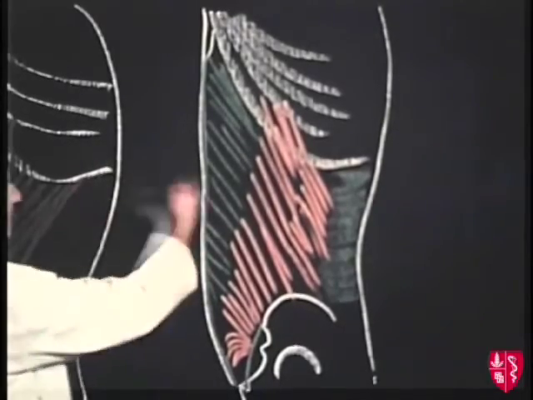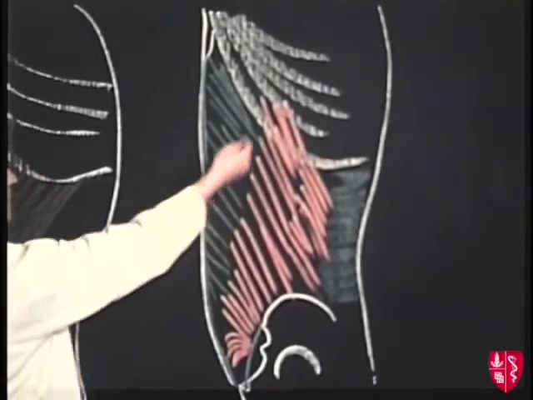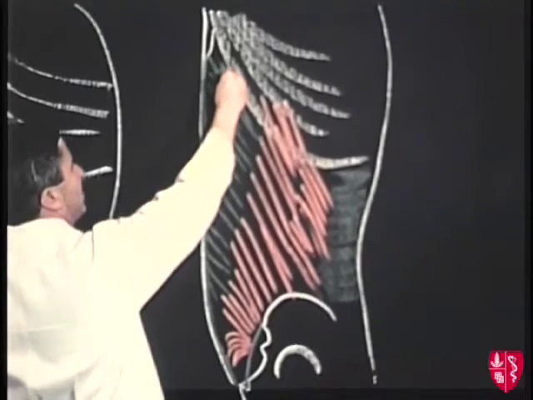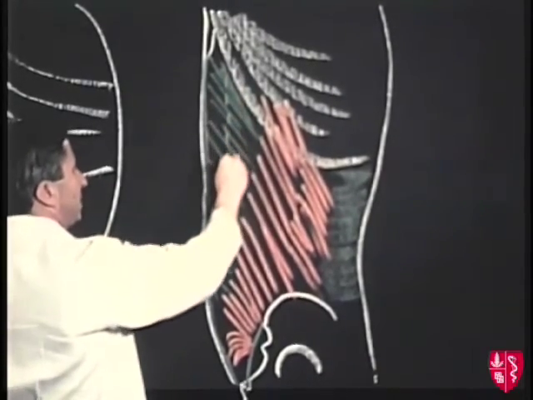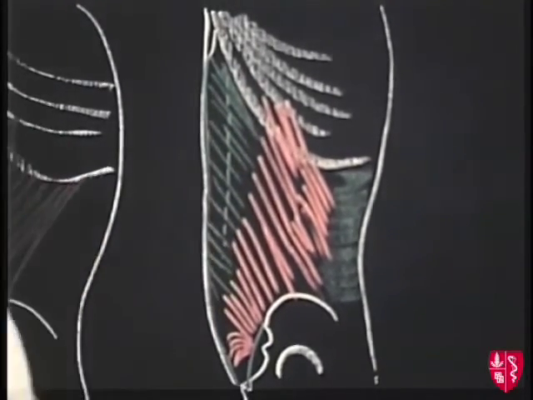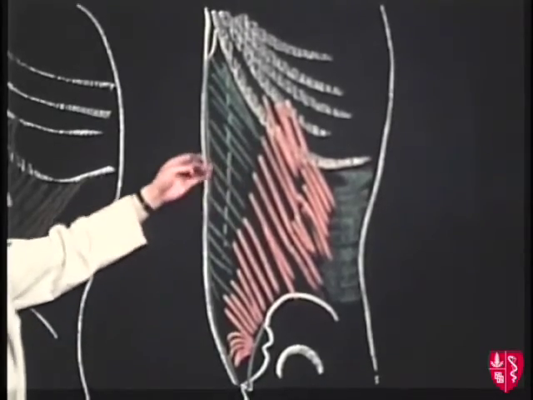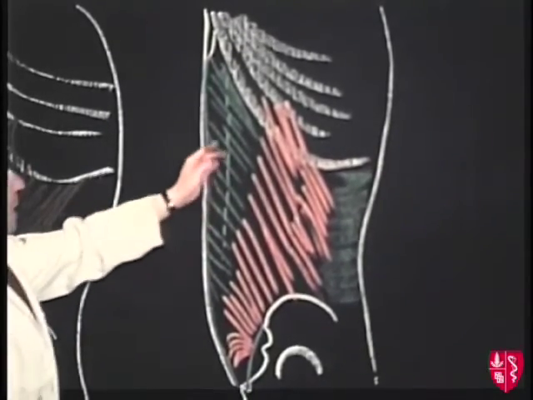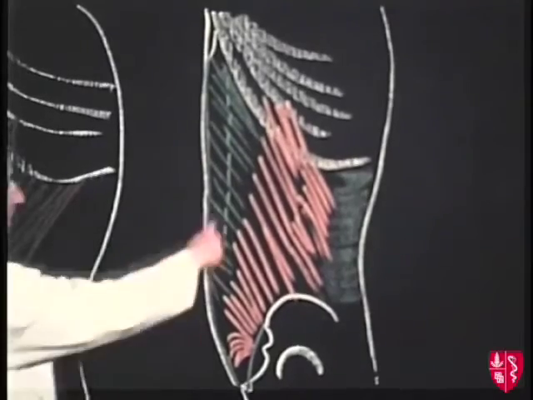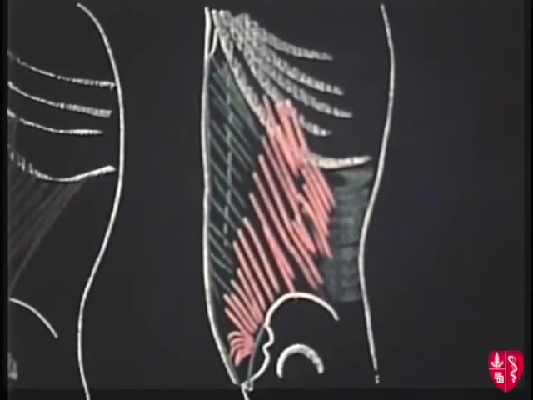The difference between these two muscles is that the aponeurosis here of the internal oblique splits down a line which is lateral to the rectus abdominis. One part of the aponeurosis going deep to the rectus abdominis, and another part going superficially to help to form the rectus sheath.